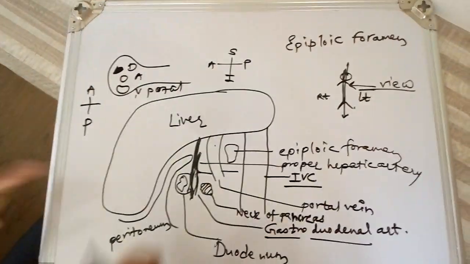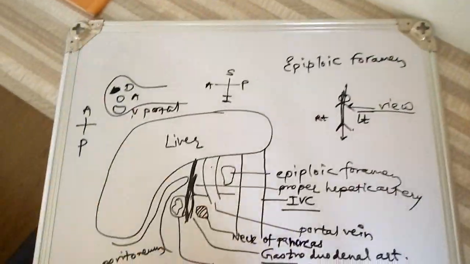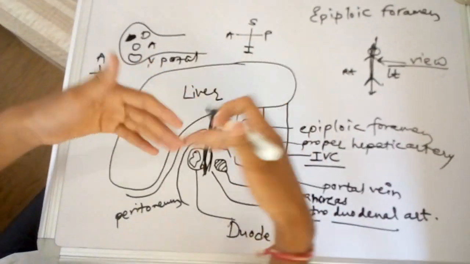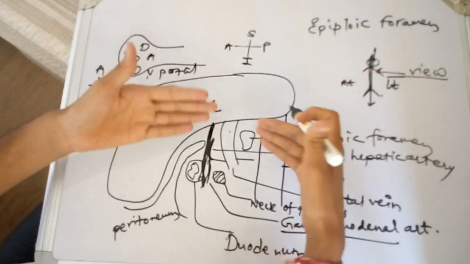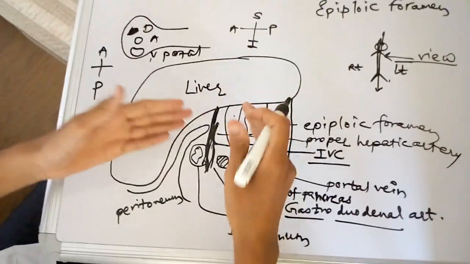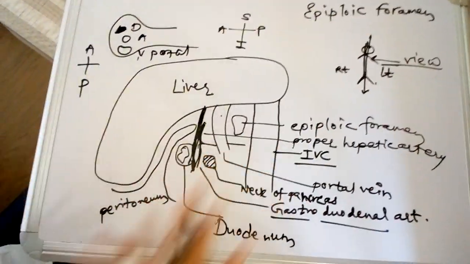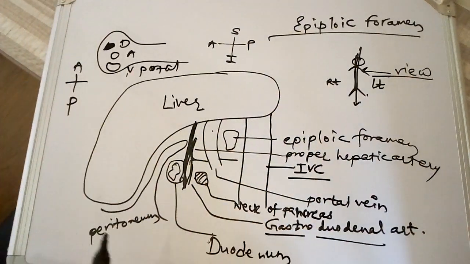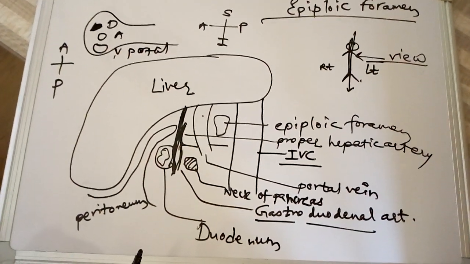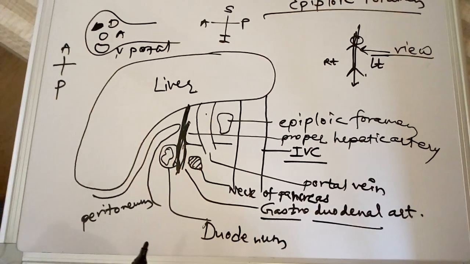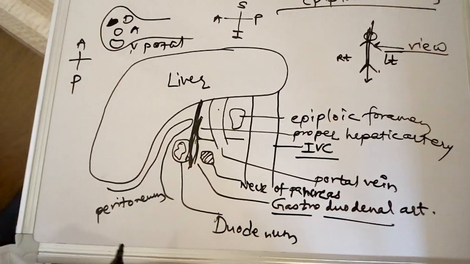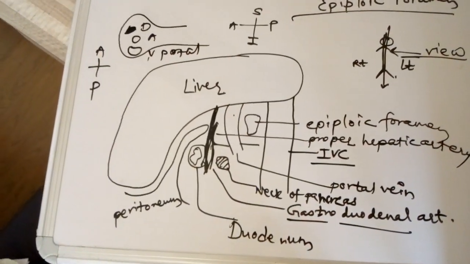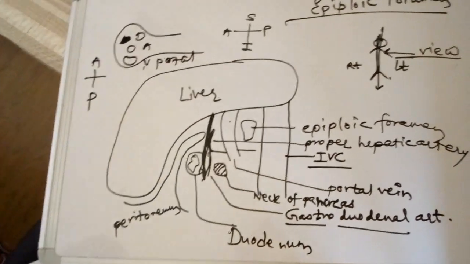On this side, assume this is the complete liver. This side is the greater sac, and behind this, on the other side of the epiploic foramen, is the lesser sac. The applied point of this epiploic foramen is very important: an internal hernia occurs through it.